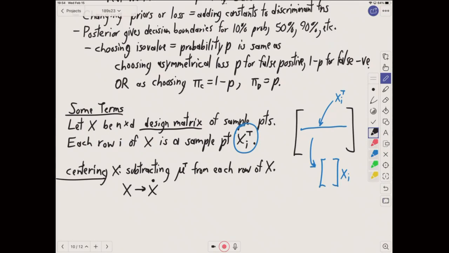The dot means centered, and so the sample mean of the rows of X dot are 0. The effect of centering is to make the new mean be 0. Oh, and mu, of course, is a column vector that is the mean of all the rows in X. So again, the mean of all the rows of X dot are going to be 0.